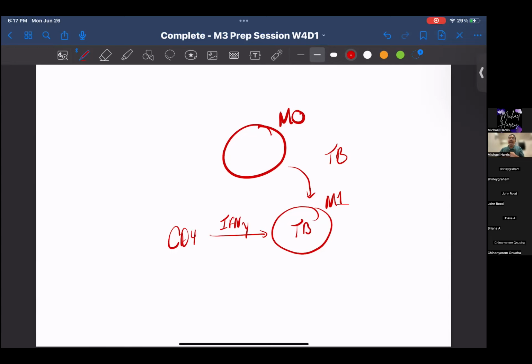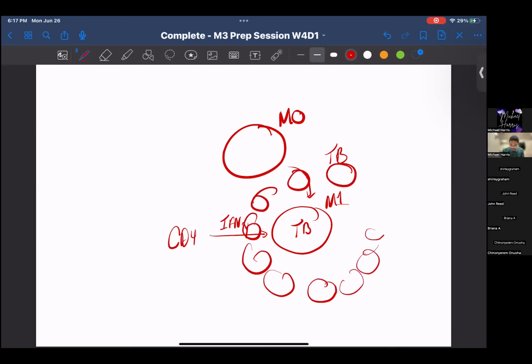And that's exactly what your body does. It knows it can't kill TB. So it ends up walling this off with a whole bunch of CD4 cells and macrophages.